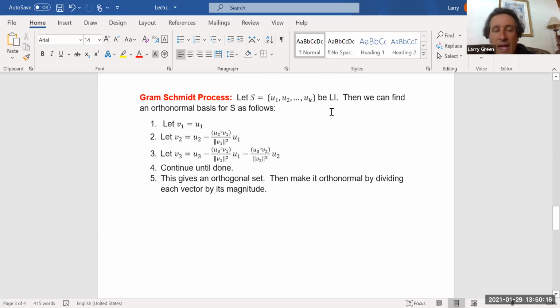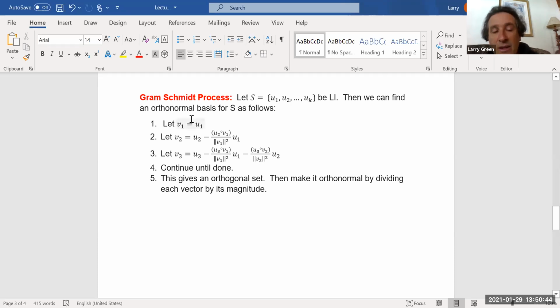By the way, for today, these are vectors in Rn, and we'll abstract that another day. So they're linearly independent, but not necessarily orthonormal. But here's the process to make them orthonormal, or to come up with a basis for that same span that's an orthonormal basis.